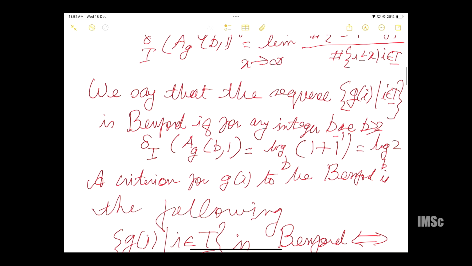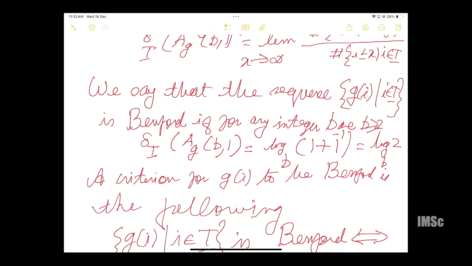This is the definition I have given, but later on I am going to introduce something called log density, which will show that if this density exists, it must equal this automatically.